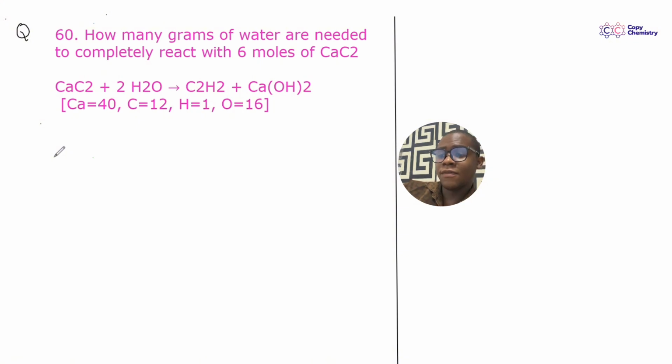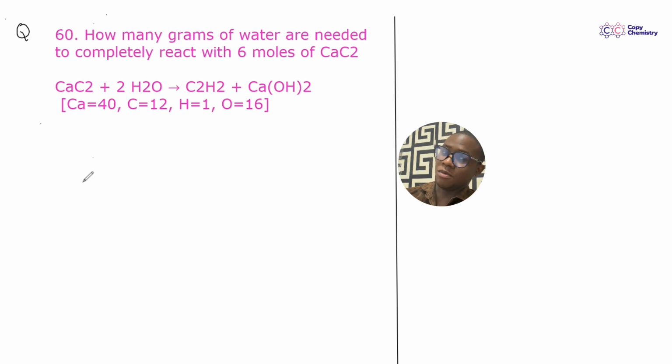So if you're asked how many moles of water are needed to completely react with 6 moles of calcium carbide, 1 reacts with 2, so 6 should react with 12. And 12 will just be your answer. You don't need to write anything. That's it, that's if it were moles anyway.